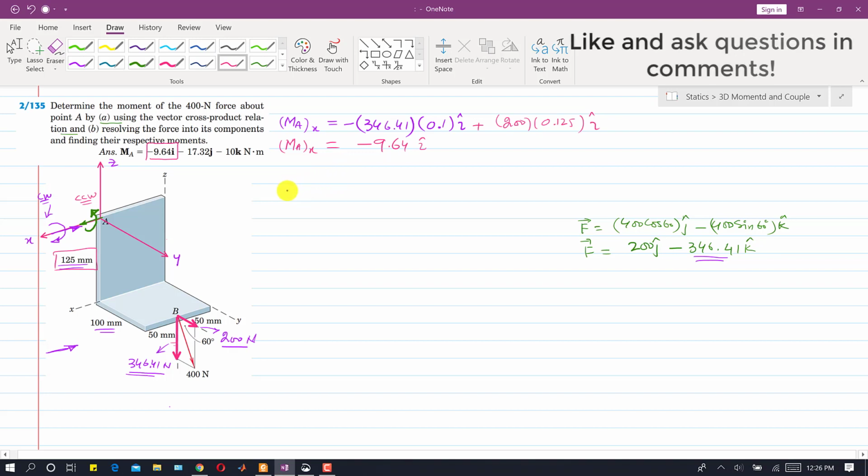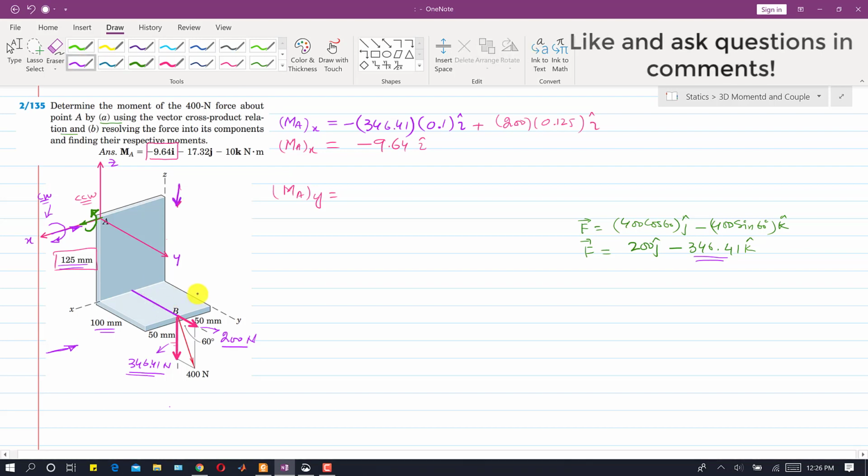Now to find the moment about A along the y-axis, if we look into these two components from the top, as we can see, let me extend the line of action of this 200 Newton force. So let's suppose this is the line of action.